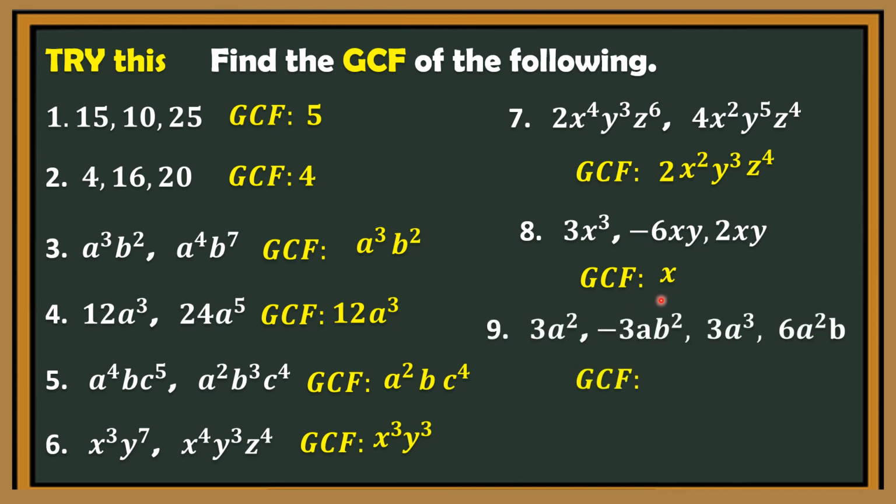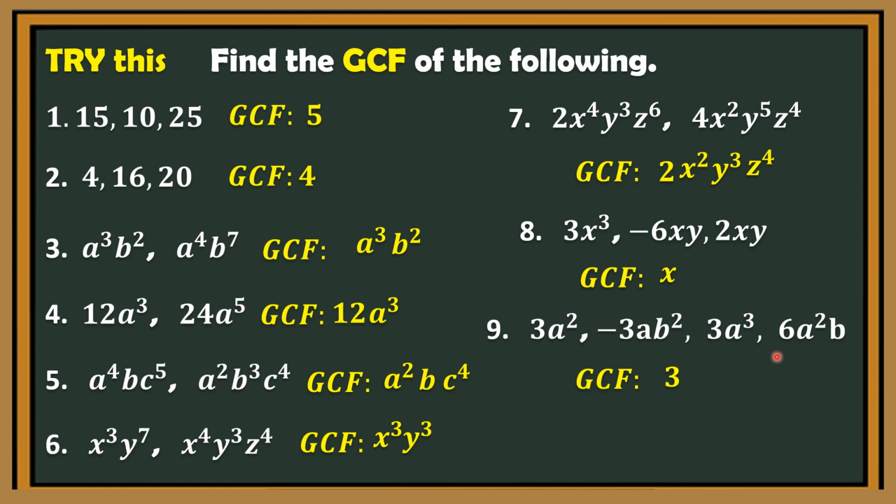Number 9. Greatest common factor? For 3, negative 3, positive 3, and positive 6, the greatest common factor is 3. How about A? Is it common to each term? Yes. So, what is the greatest common factor?